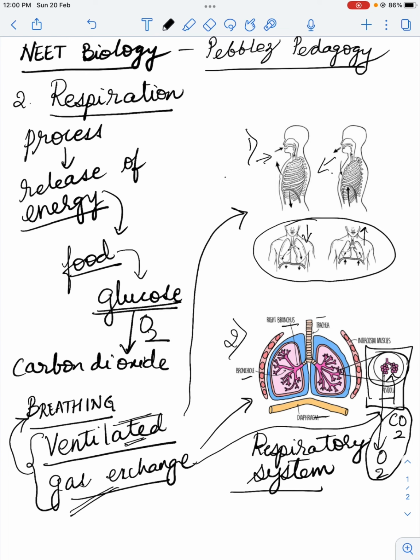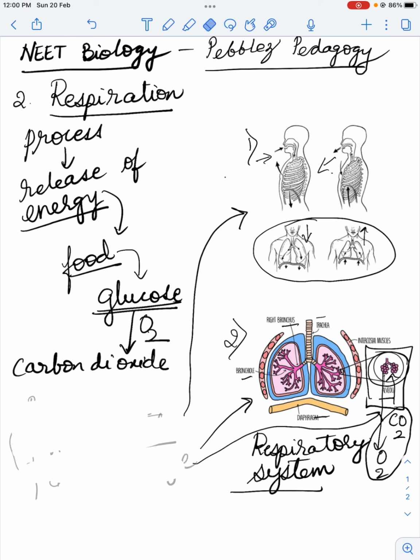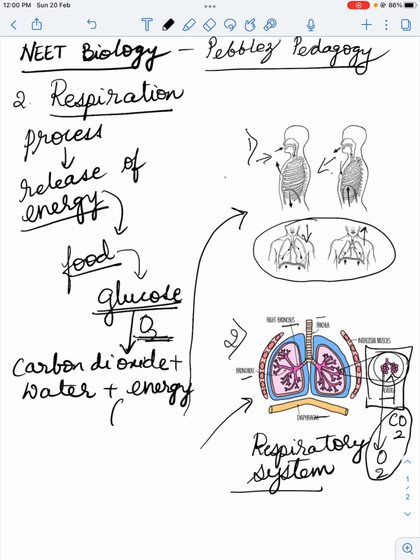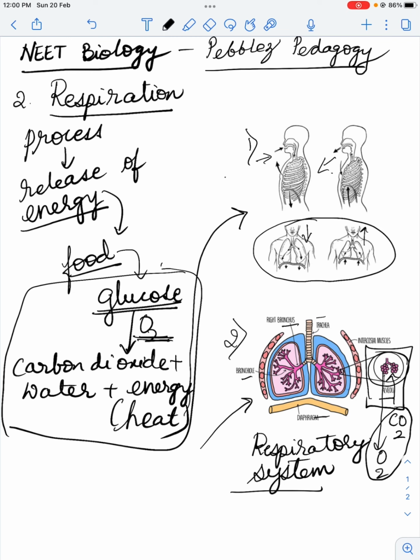Oh, this place is looking quite messy. Let me erase it. So there we go. Glucose in the presence of oxygen gives us carbon dioxide plus water and releases energy in the form of heat, and this process is called respiration. Got it?